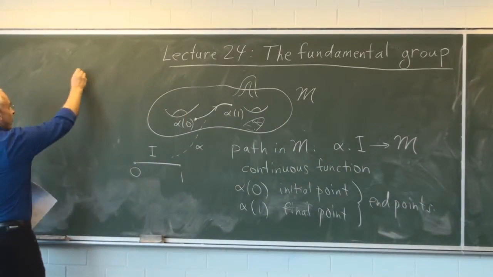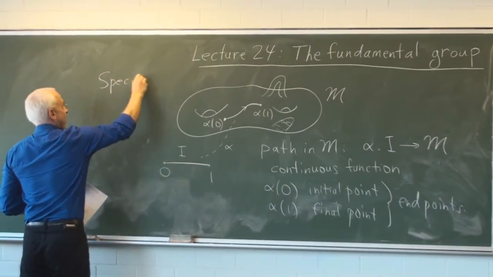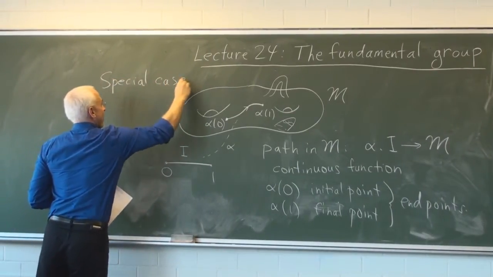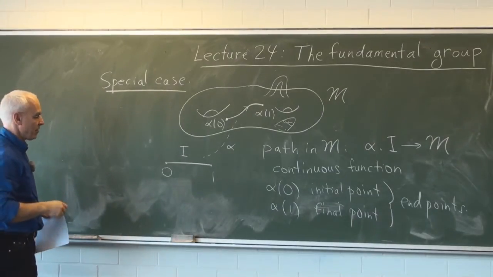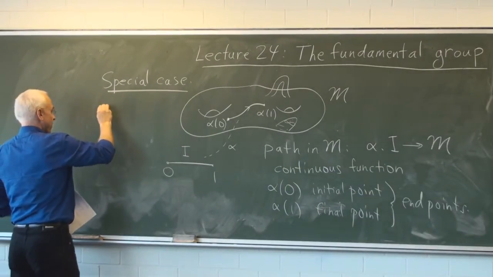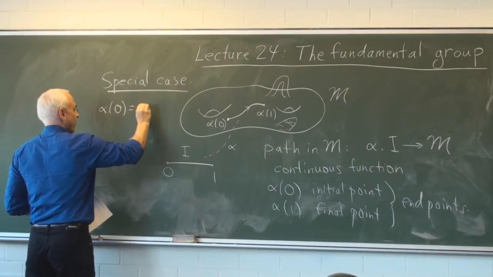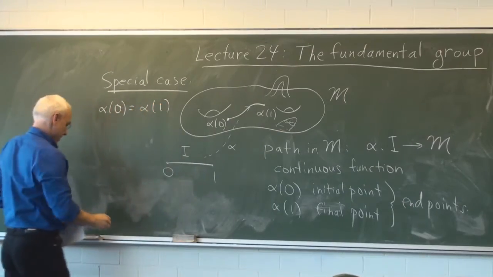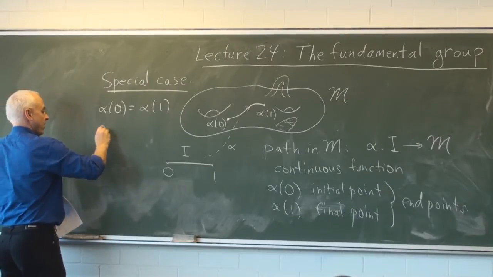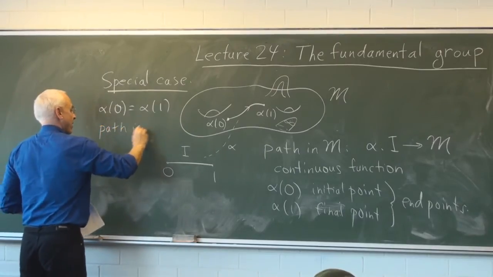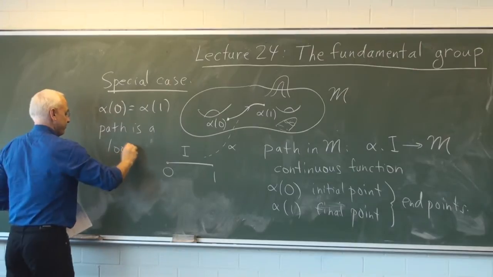A special case is when the initial point and the final point agree. If alpha of 0 equals alpha of 1, that means the path closes on itself, and then we call the path a loop.